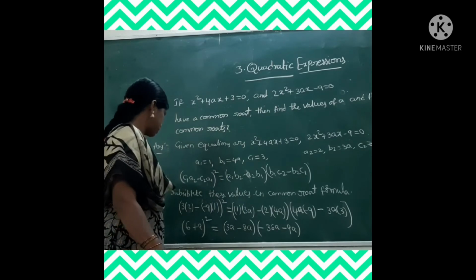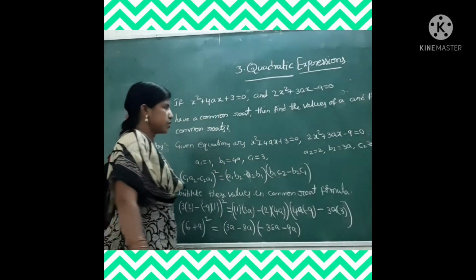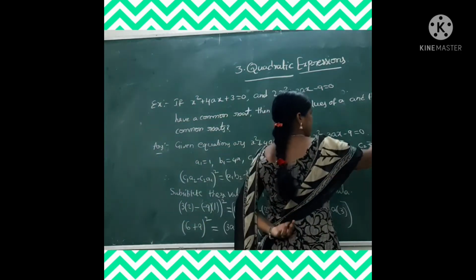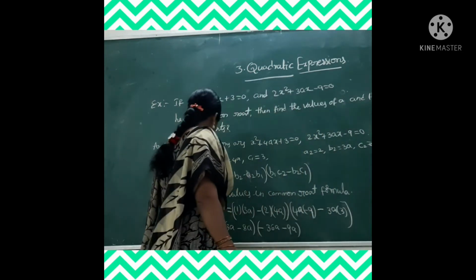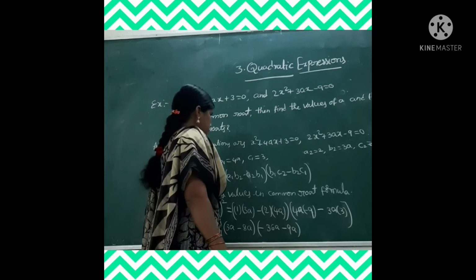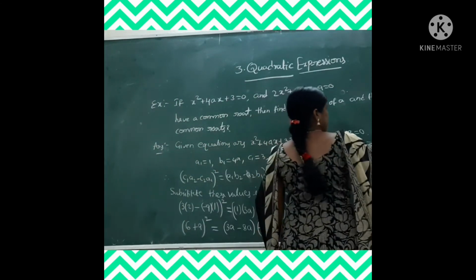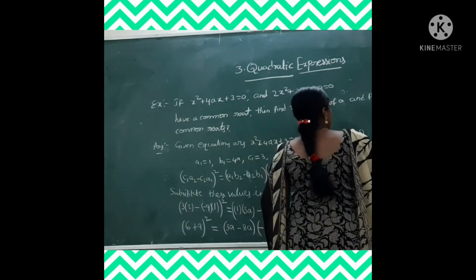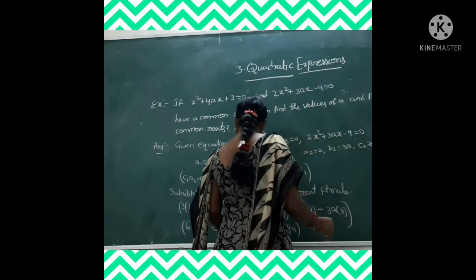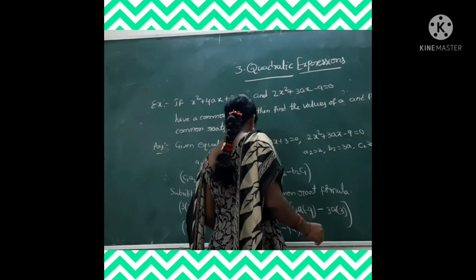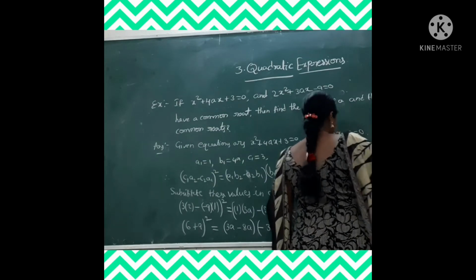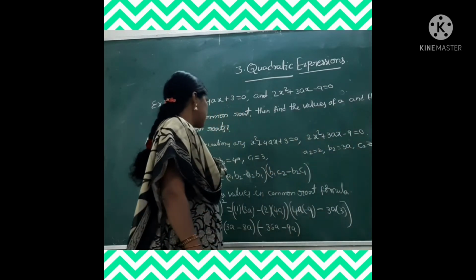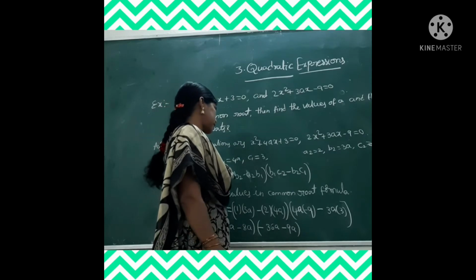Okay, here that is equal to 6 plus 9, 15 square is equal to 3A minus 8A means minus 5A, and minus 36A minus 9A.